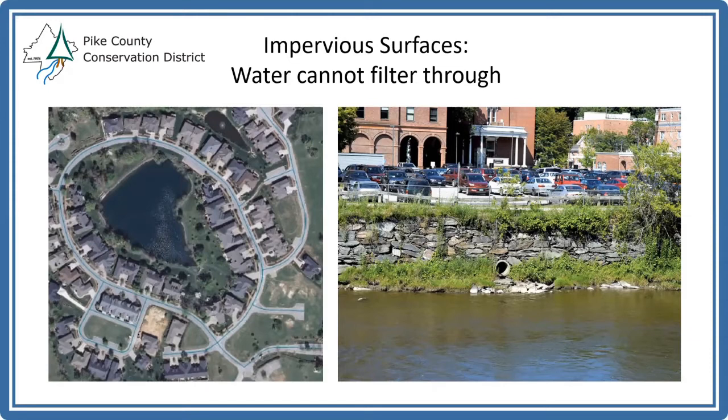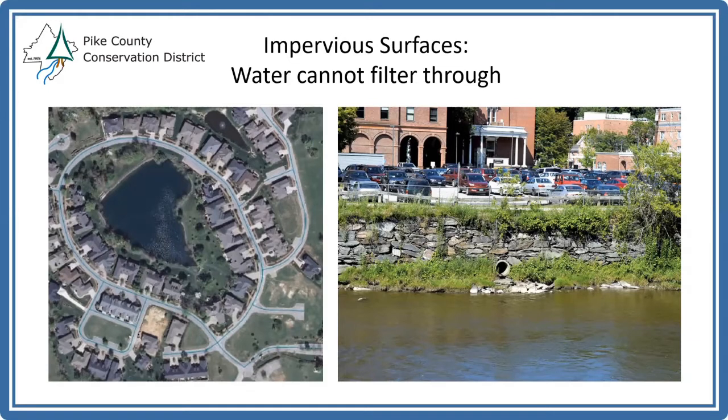Also, water that's spread out over a parking lot, instead of going down into the ground and replenishing our groundwater, is now being directly run off into the river. So the water doesn't have a chance to infiltrate down into the groundwater.